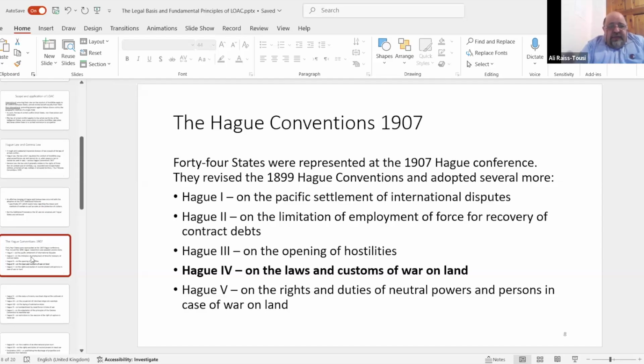So this slide and the following two explain at least what each of these treaties is about. The most important is Hague number 4, the one that we have in bold here. And Treaty number 4 from 1907 is on the laws and customs of war on land. So it deals, for example, on combatant status. Who is a combatant?